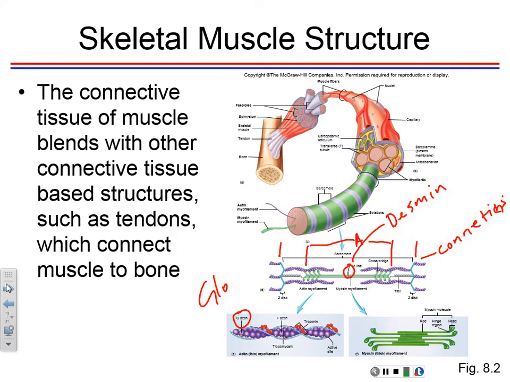It anchors tropomyosin onto actin, right? And when it attaches to calcium, that's when it changes shape and moves tropomyosin out of the way to expose binding sites. Because the myosin cross bridges will bind as long as the binding sites are exposed. So when you don't want the muscle to contract, you hide the binding sites. All right?